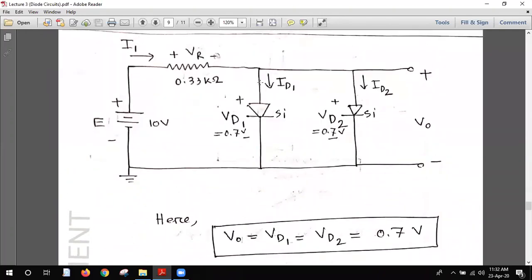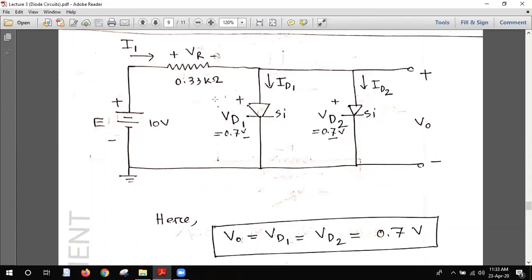Next, find the currents ID1 and ID2. We all know this is a node and we apply KCL. The entering current equals the outgoing current. The current enters here and exits through this diode and also through this diode. So the entering current will be the summation of the exiting currents, ID1 and ID2.